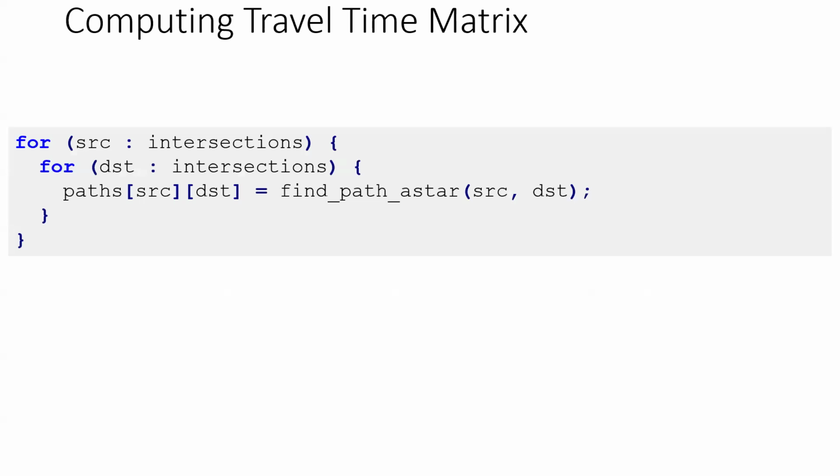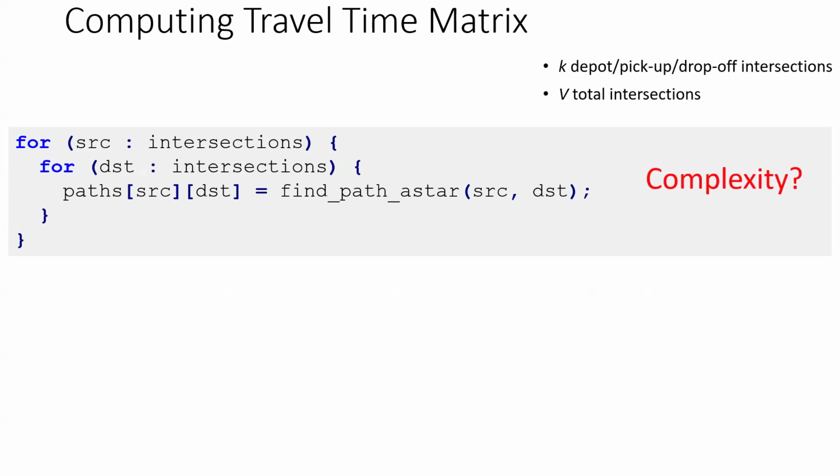So the most naive implementation of computing the travel time matrix is to use A star to compute from all of the sources to all of the destinations. Assuming we have K depots and V total intersections, can anyone tell me what is the complexity of this code?